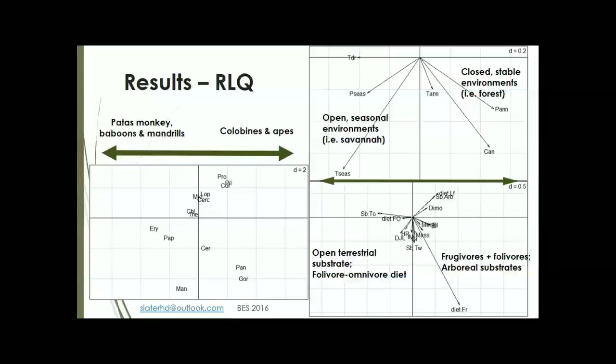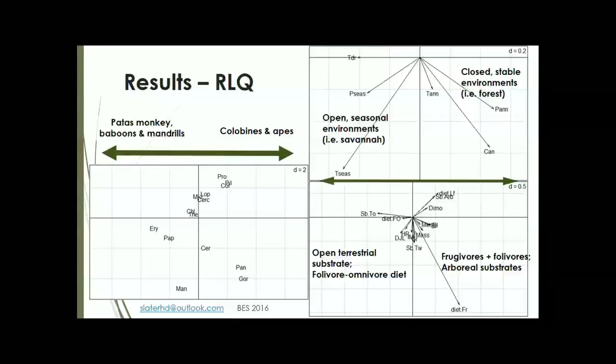And then again, on the Q matrix, so this is the species traits, here is terrestrial open substrate and also a folivore omnivore diet. So that's a more generalist diet. These are more towards this side. And then again, here you've got frugivores and folivores. And arboreal somewhere is in here, right up there.